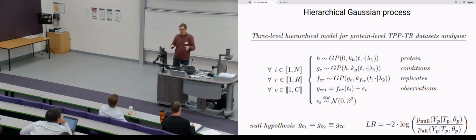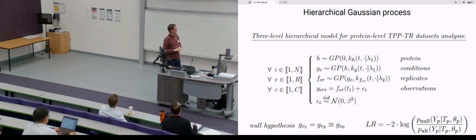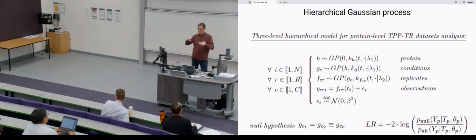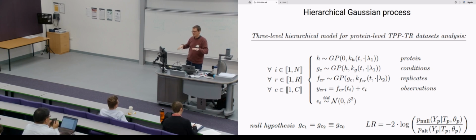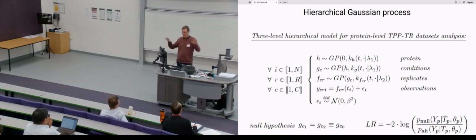Then each of the replicates is like each of the conditions, but you might get some differences just because of experimental variability. And then you have some white noise, which is a sort of observation noise. And the whole thing is just a Gaussian process because it's just a linear combination of Gaussian processes. So everything is exactly a Gaussian process and can be treated in the same way.